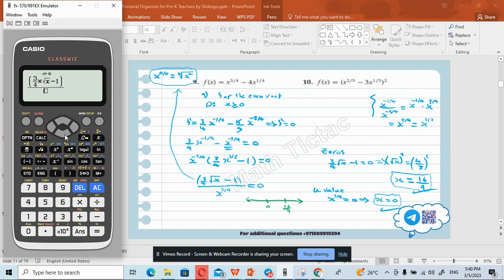Then downward I have x to the fourth root, or the fourth root of x. Actually you can write it like this. So I will write x, the fourth root, then x over here to the power 3.